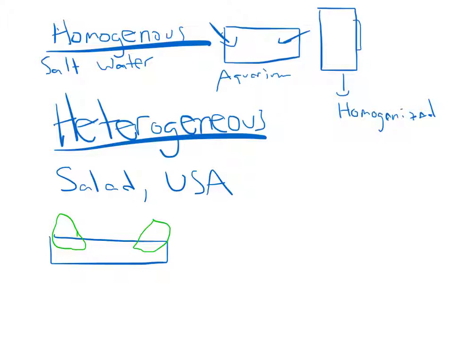You'll probably see some tomato slices. What else could you see in there? You might see some nuts, if you like walnuts or something in your salad, and so on. And what you get is you can see the different states. In chemistry, we call the different parts of a heterogeneous mixture different phases. So we would say there's the lettuce phase, and the tomato phase, and the nut phase, and so on and so on and so on.